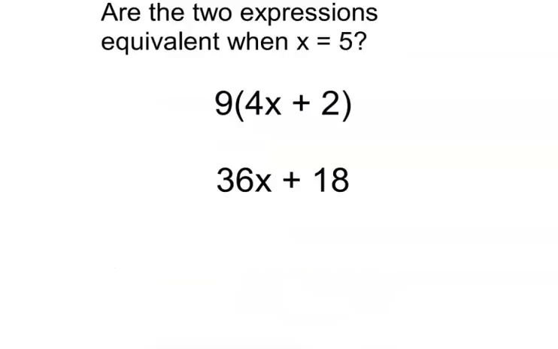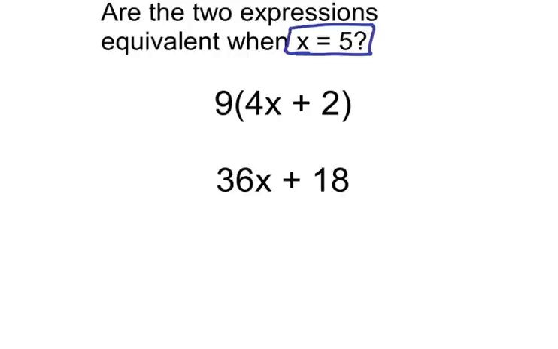Are the 2 expressions equivalent when x equals 5? Well, let's first see if they're equivalent expressions, because if they are, then yes, the 5 would give the same answer. If they're not equivalent expressions, then you can put the 5 in there and they won't have the same answer.